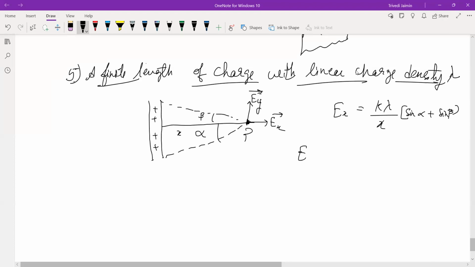Okay. Ey equals K lambda by x into cos alpha minus cos beta. So in some case, alpha equals beta, which equals pi by 2. When it is pi by 2, what will be the Ex value? Can you tell me?